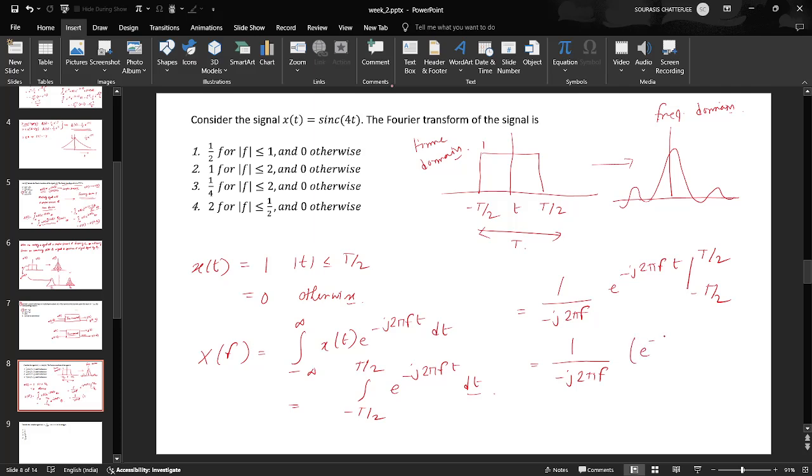We replace t by T by 2 in place of t here, and we obtain e to the power minus j pi f T minus e to the power j pi f T.